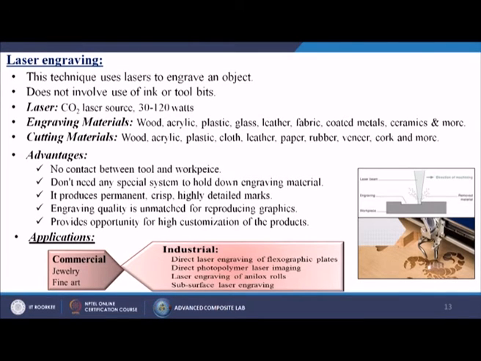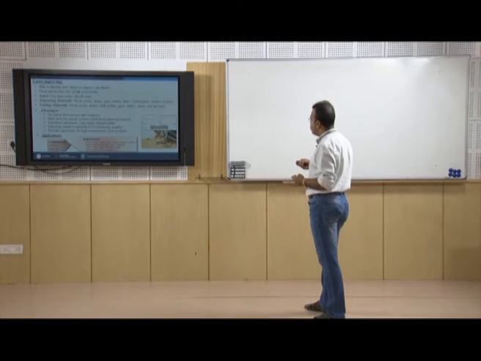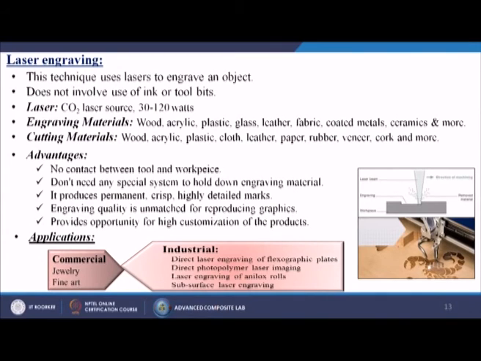Engraving quality is unmatched for reproducing graphics, and it provides the opportunity for high customization of products. From this figure you can understand that you have the workpiece. Now, you can put a mask over it, or keep your laser beam movable, and you can make any kind of design on your base material. This is the figure of that process.